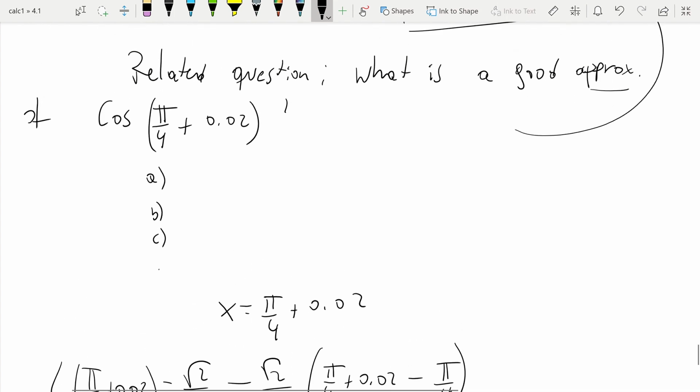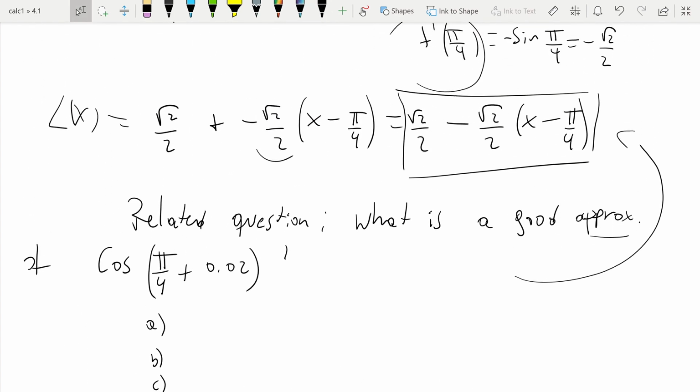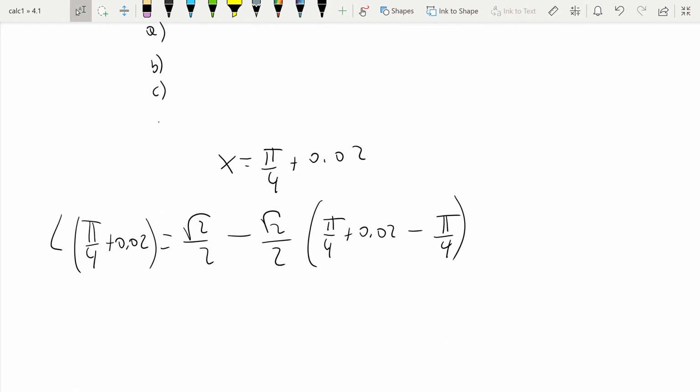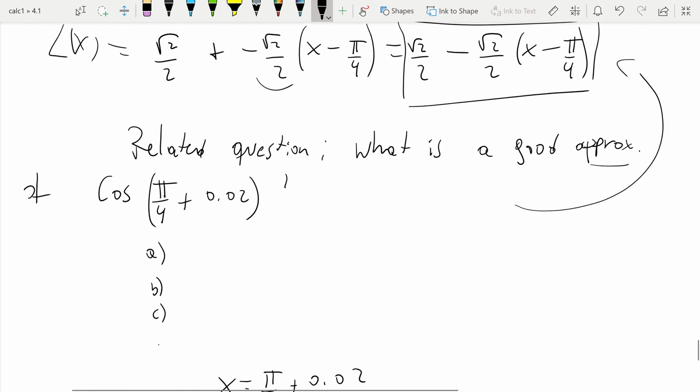Because this is the point at which we are approximating, you see these two things cancel out, and we just get square root 2 over 2, and we can factor that out, times 1 minus 0.02.